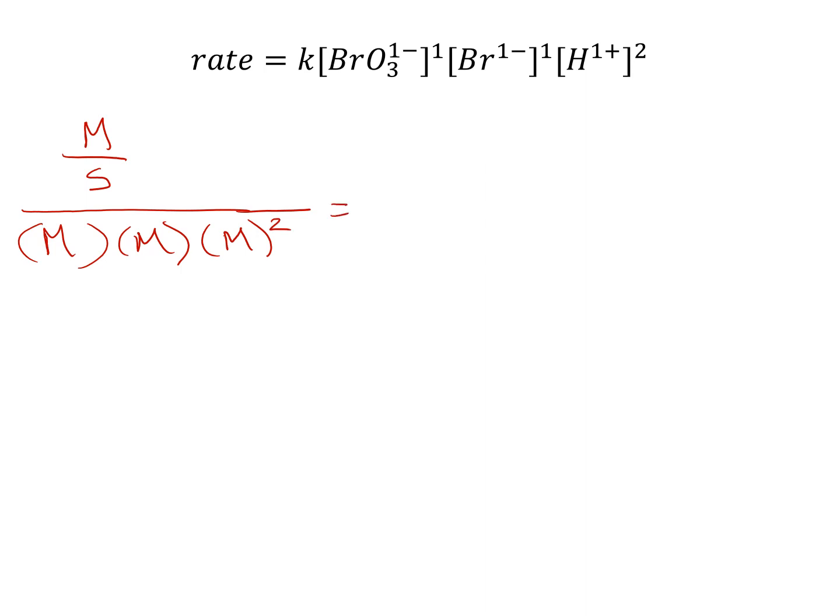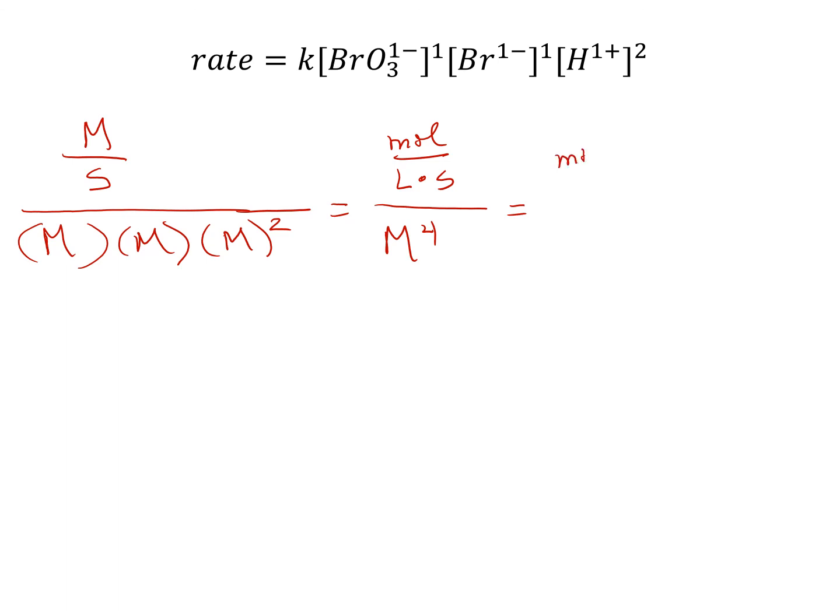So I'm going to do a couple of things. First, molarity is really moles per liter, and then there's my seconds. And molarity times molarity times molarity squared is molarity to the 4th. So cleaning this up a little bit, let's change molarity to moles over liters.